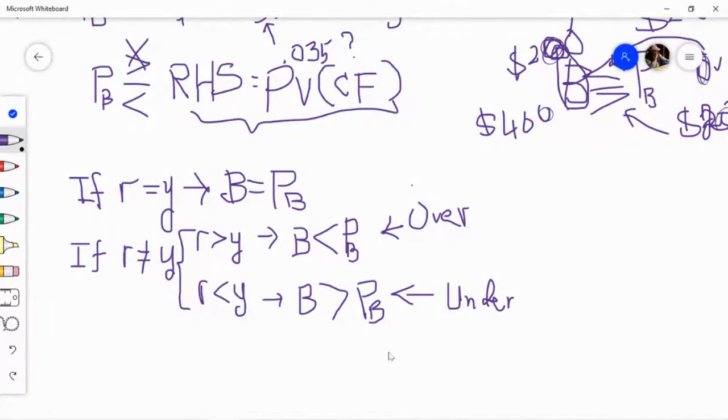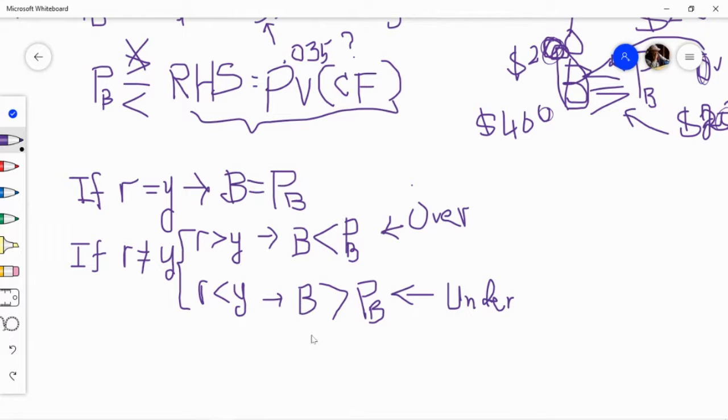So these are called mispricing, right? In other words, the price is not at equilibrium. And this disequilibrium is the thing that causes the mispricing, and mispricing offers a profit opportunity.